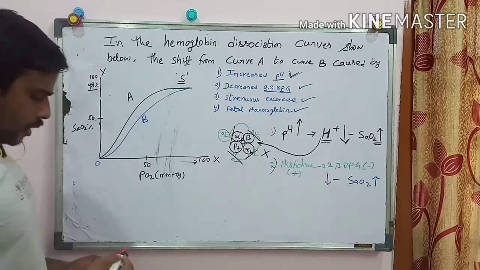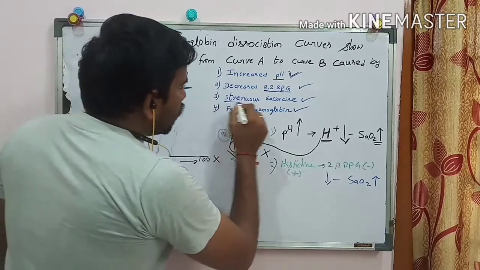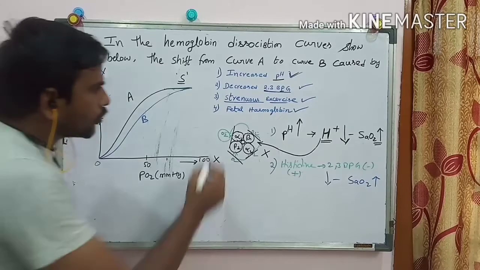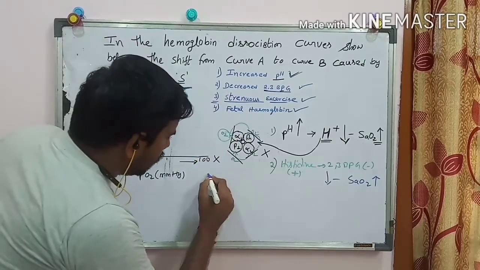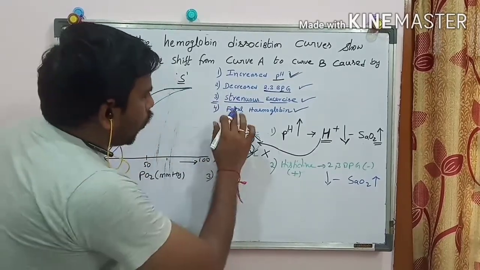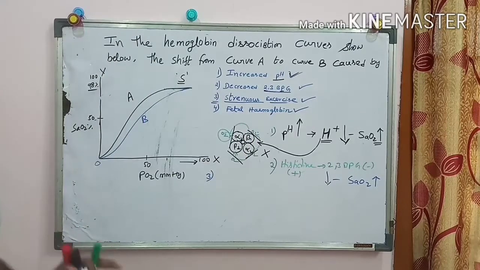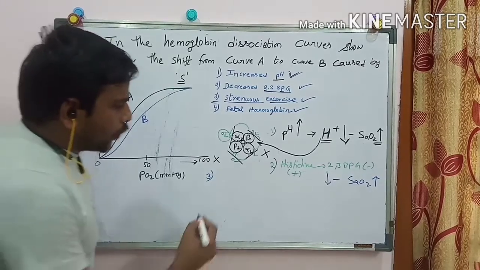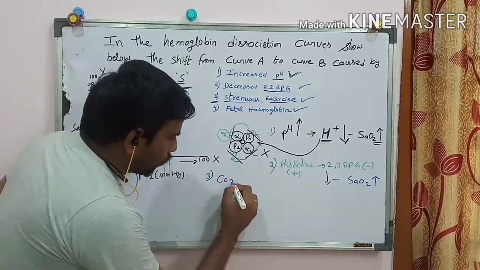Now another, third thing we will take: strenuous exercise. You see what happens in this third case, when a person is doing continuous, vigorous exercise, especially in muscle tissues. You know very well, he can produce more CO2.